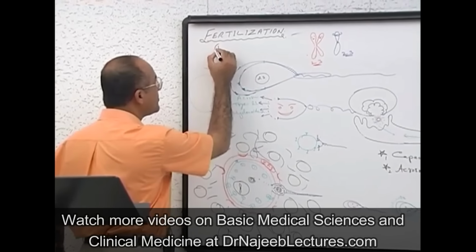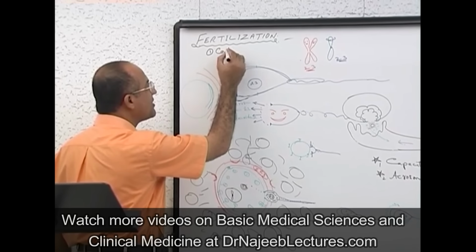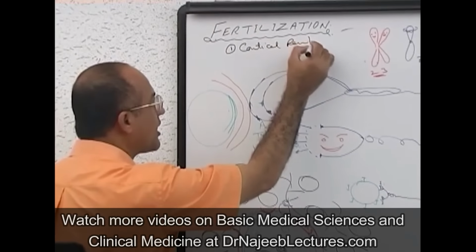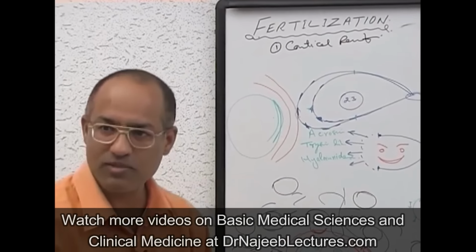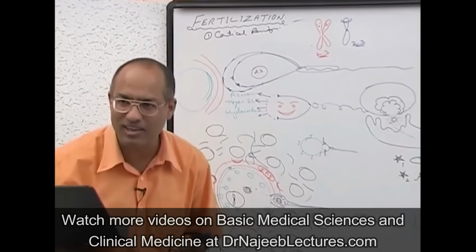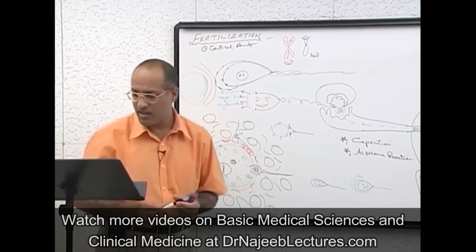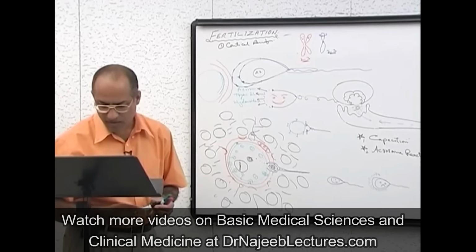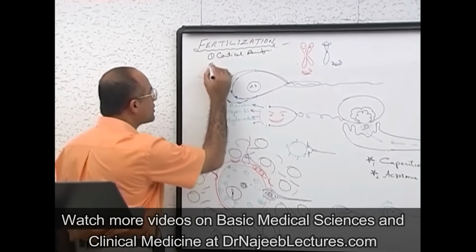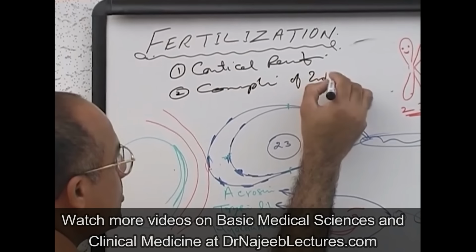Number one was cortical and zonal reaction. Cortical reaction we have discussed in detail already. You know, the first purpose should be what? All remaining windows should be shut down. Right? So this is one. Number 2 is completion of second meiotic division.